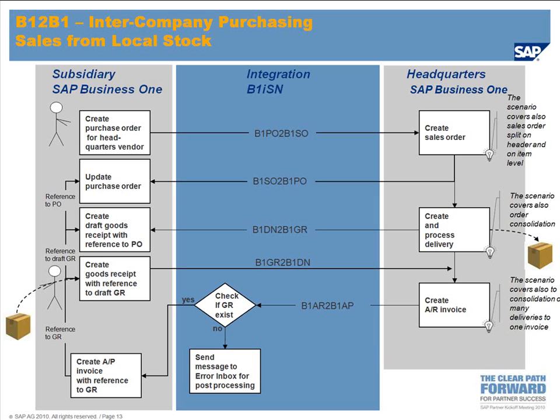Once the goods receipt is picked up, it will create the appropriate receivable transaction on the headquarters side. And once the receivable has been created, it can also generate the appropriate payable.